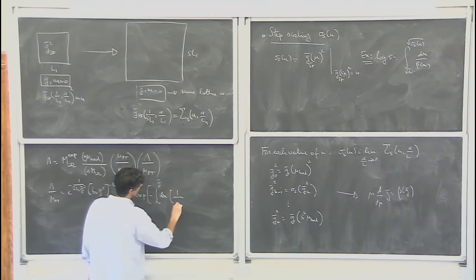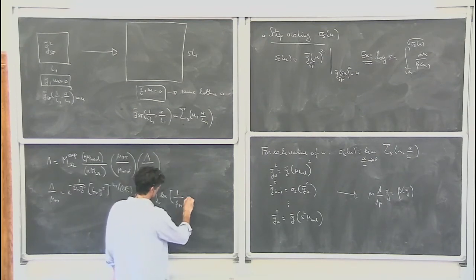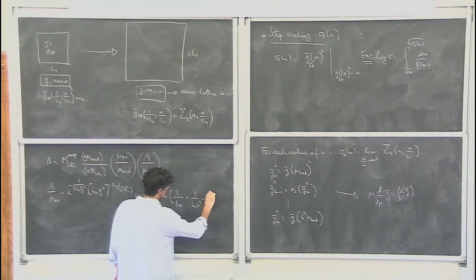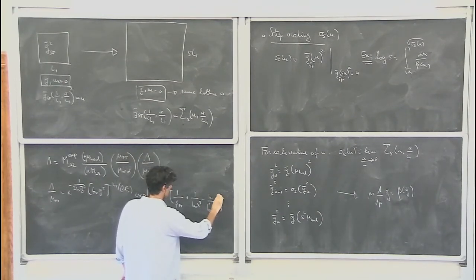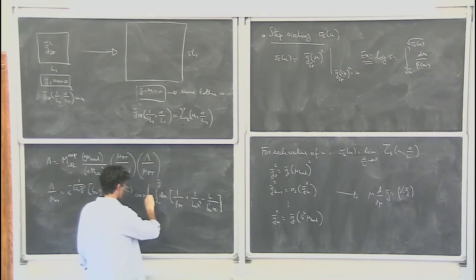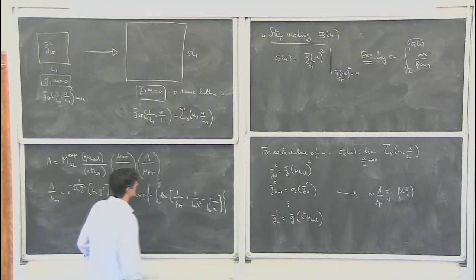And now in here we can put the perturbative beta function plus 1 over b0 x cubed minus b1 over b0 squared x. Okay.